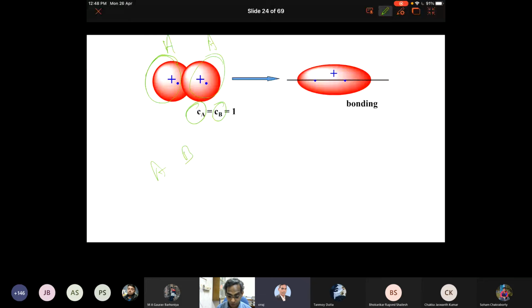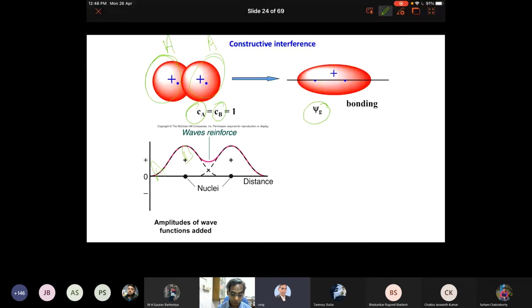And then you have your bonding orbital, what we call psi G, the gerade. I will explain this after a couple of slides. If time permits, I will draw and show you why I call it gerade. Now what we have is that the waves reinforce. Again, this is a pictorial representation of how two waves reinforce.